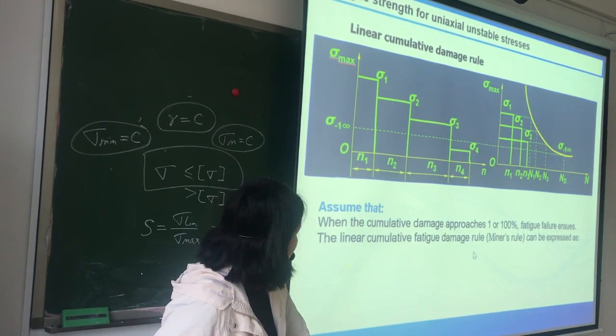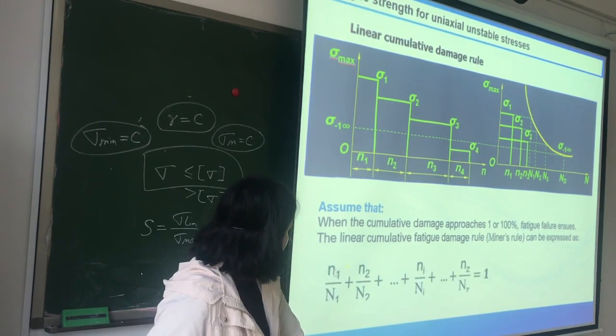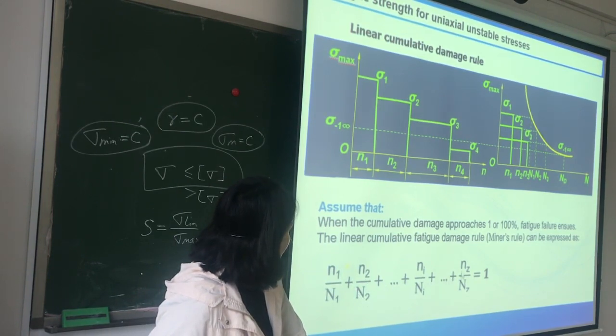You can express it as n1 divided by big N1 plus n2 divided by big N2 plus n3 divided by big N3 reaches 1, and practical failure ensues.